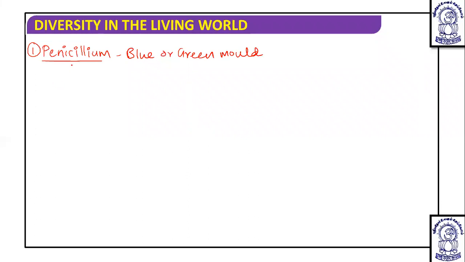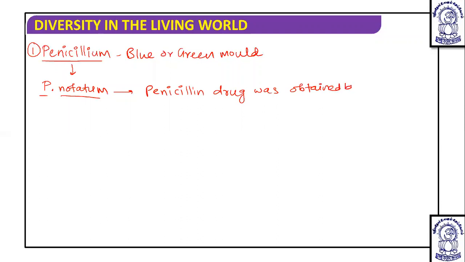From one species of Penicillium, that is Penicillium notatum, the penicillin drug was obtained by Alexander Fleming.